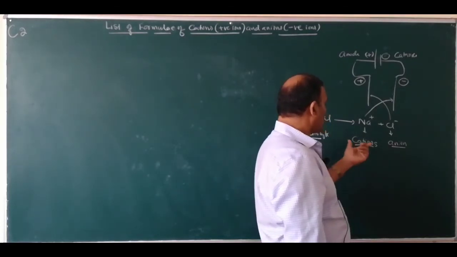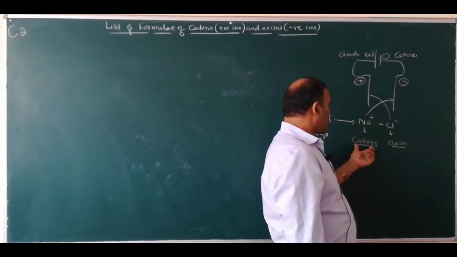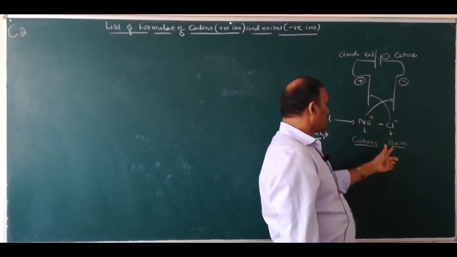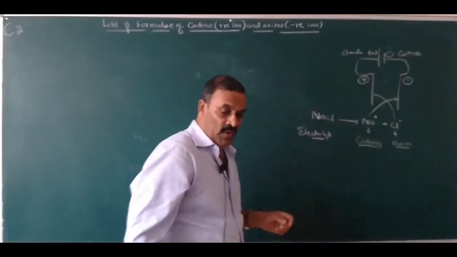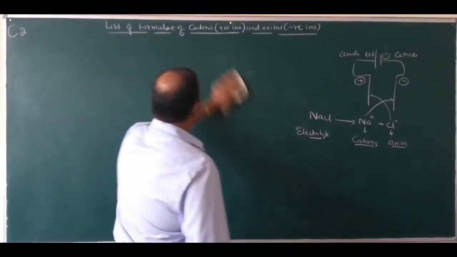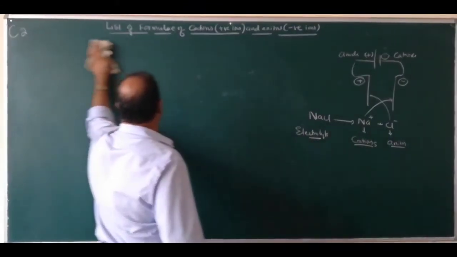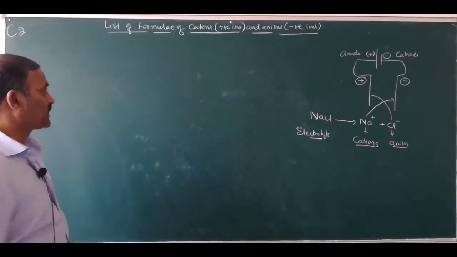So what are cations and what are anions? The ions which carry positive charge are called cations. The ions which carry negative charge are called anions. I will give you some of the cations and anions which we will come across during our studies.